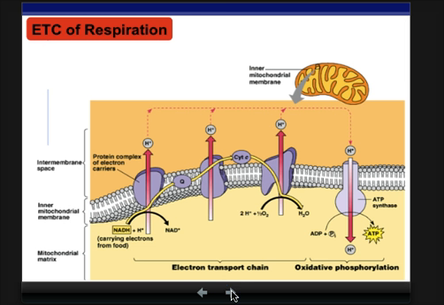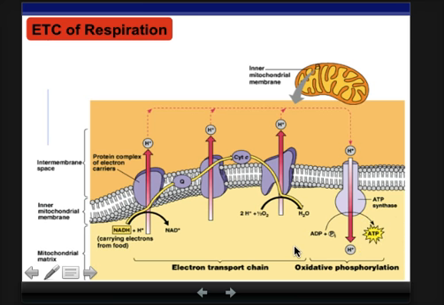Here is the electron transport chain of cellular respiration, just to remind you so we can show why we notice that respiration is sort of the opposite of photosynthesis. We're using up the NADH and we're getting some ATP.